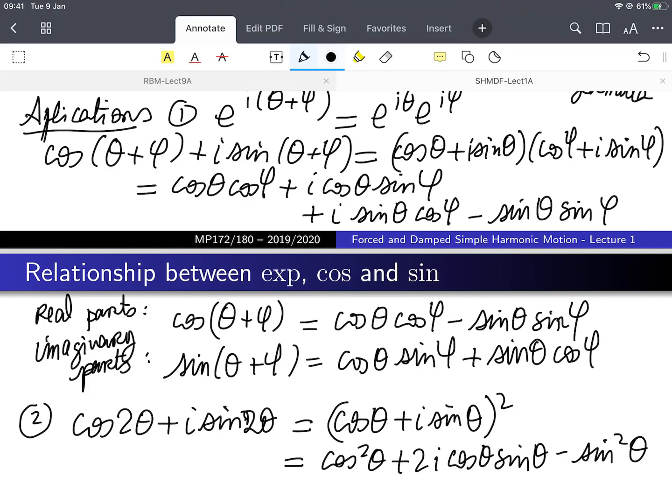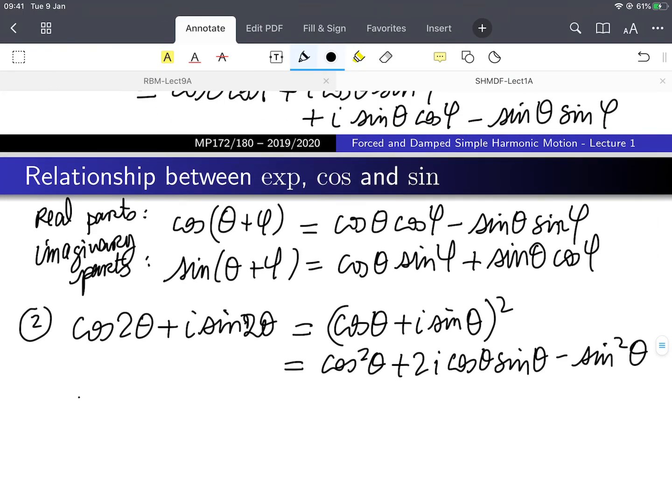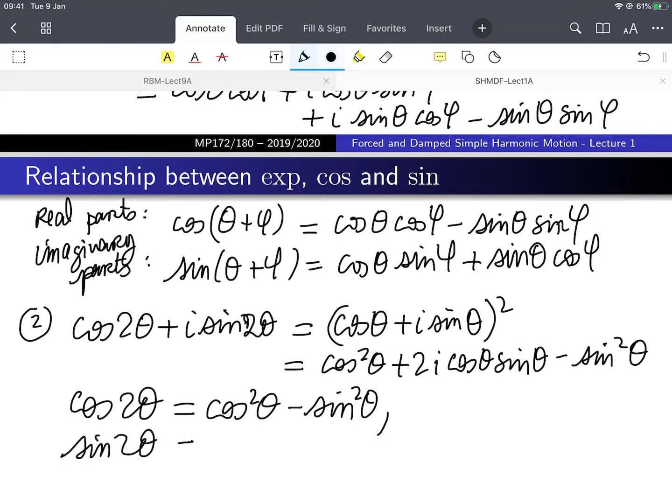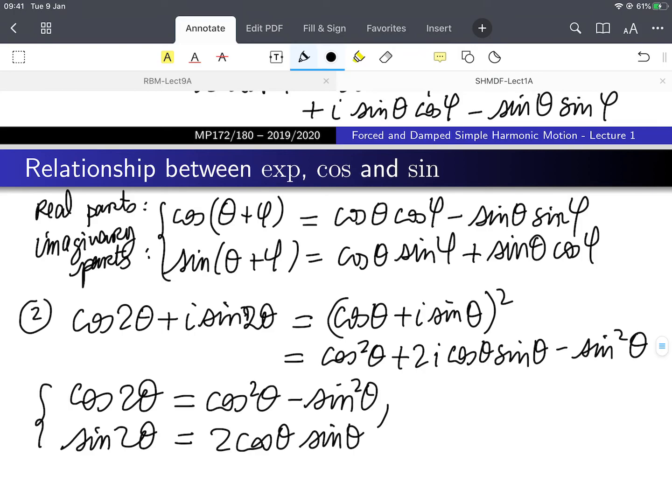I'm just going to identify the real part and then the imaginary part to end up with cos 2 theta equals cos squared theta minus sine squared theta, and sine 2 theta equals 2 cos theta sine theta. Another set of trigonometric identities that you might have wondered where they came from.